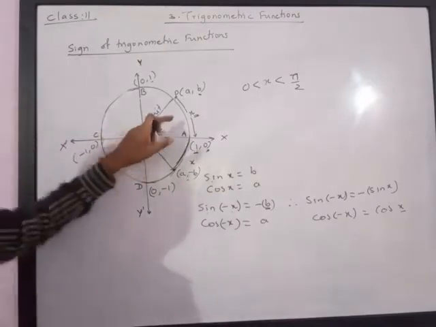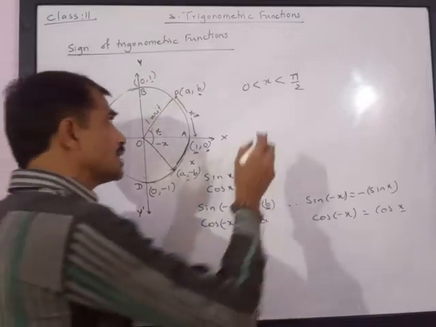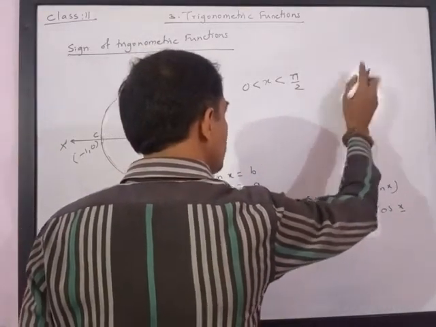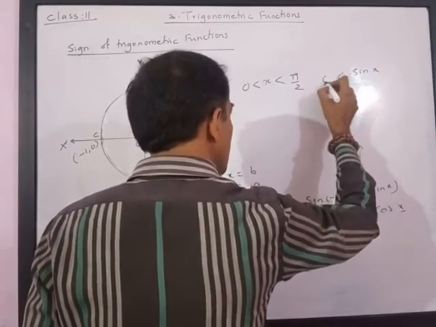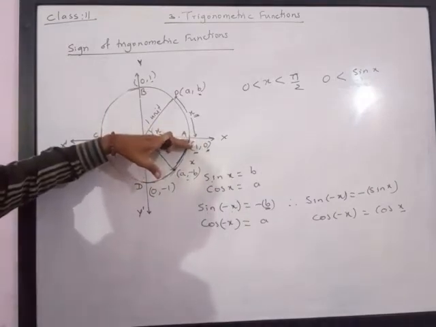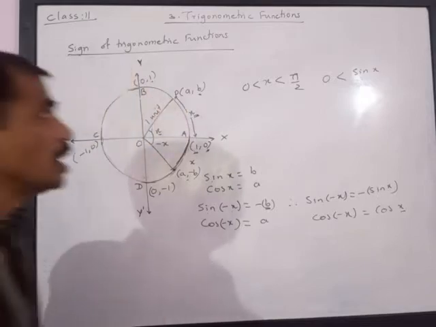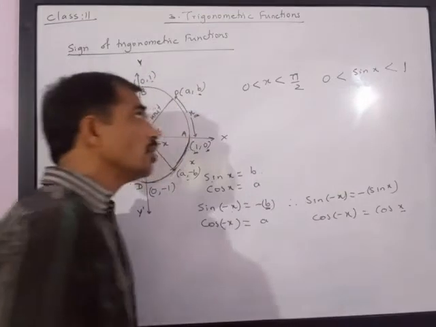Please note here, in the first quadrant both the coordinates are positive, so sin x will be greater than 0. Try to understand, sin x in the first quadrant can be at the least 0, or at the most 1. So sin x will always be between 0 and 1.